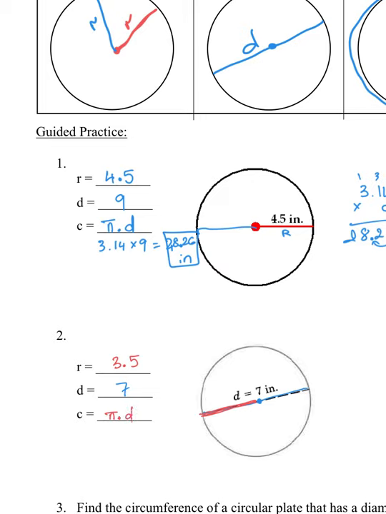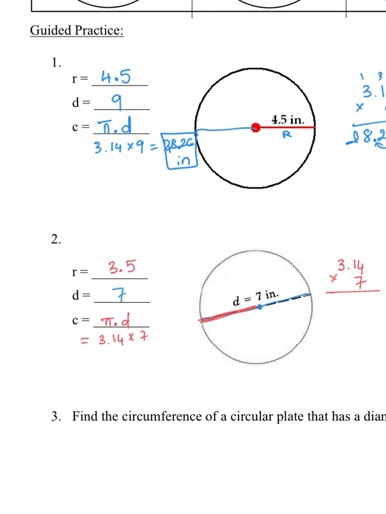So again, I have 3.14 times 7. You can pause the video and multiply it. After you multiply, you should have 21.98. I moved 2 decimal places to the left. The unit is inches.